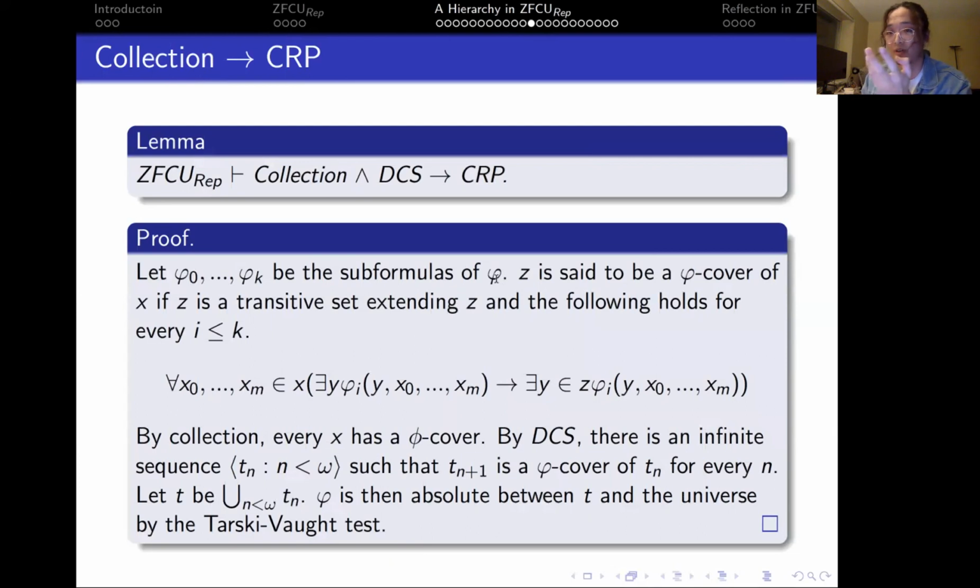Consider a formula phi, and we list all its subformulas.